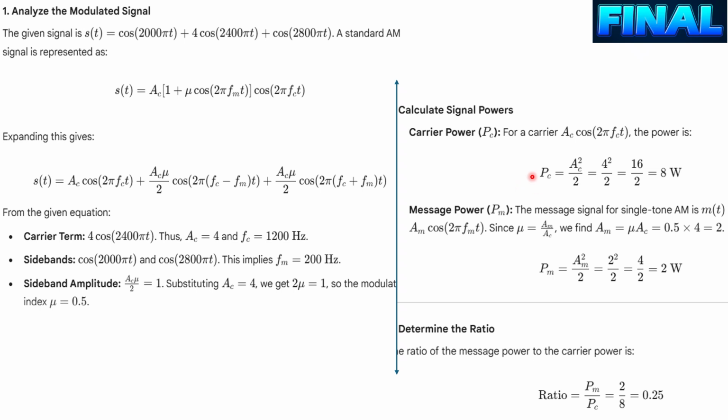Carrier power is amplitude square by 2; this part belongs to the carrier, this part to the lower sideband, and this part to the upper sideband. For the carrier you get a power of 8 watt, and the message power is Am square by 2, where Am is equal to 2, so you get 2 watt. The ratio Pm by Pc is 0.25.